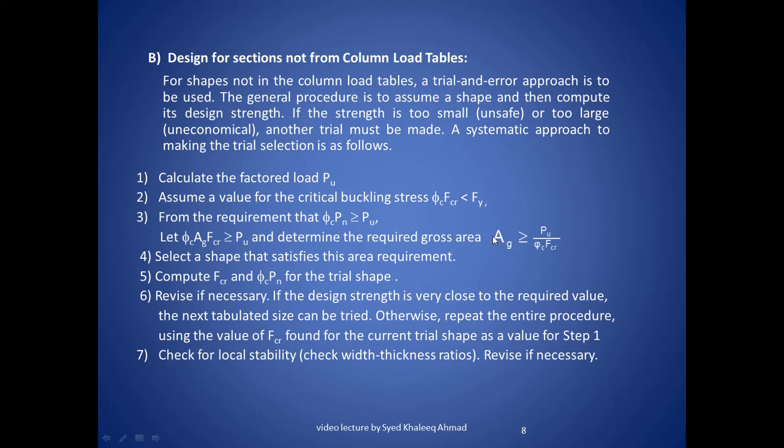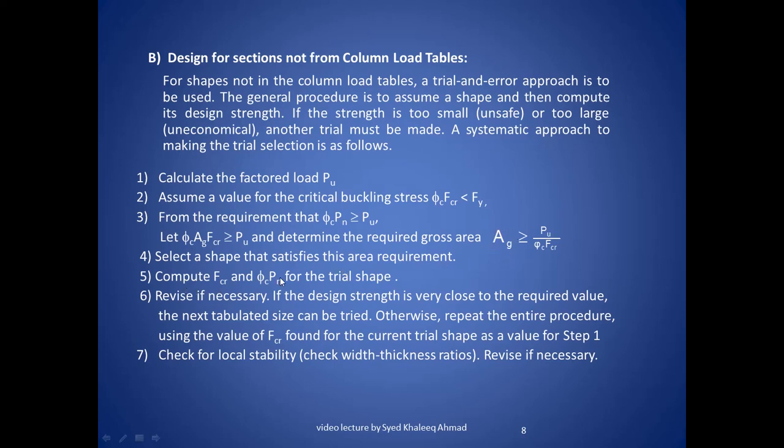Therefore we can calculate the gross area from here as Pu upon phi c Fcr. So we will look for this gross area of the section from the steel sections table. We will select a section that satisfies this area requirement, so we will select first the section which will be not less than this gross area.